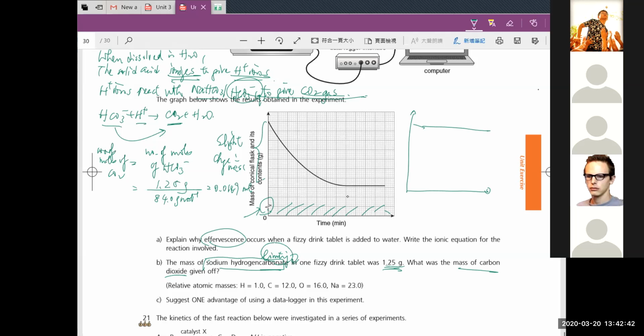So you use this to calculate the mass. So the mass of CO2 is what? 0.0149 mole times its molar mass, 44.0 gram per mole. So what will be the answer? It is 0.656 gram.